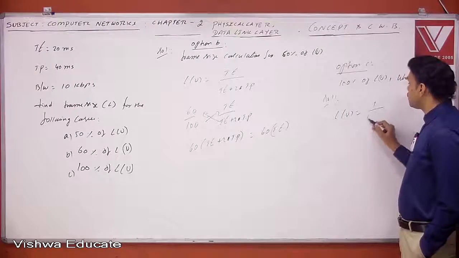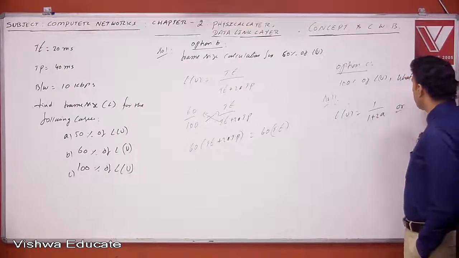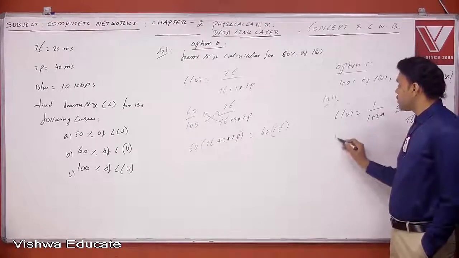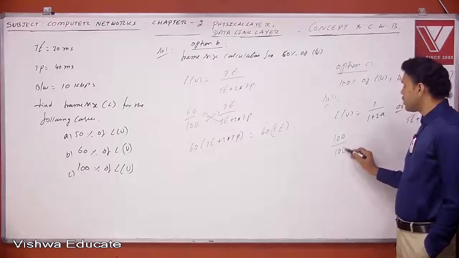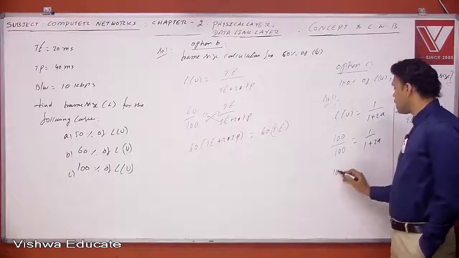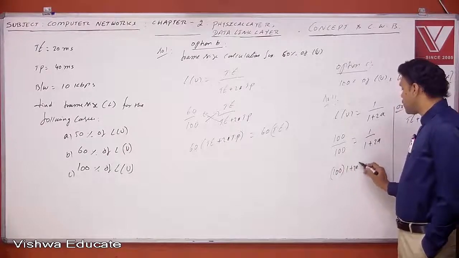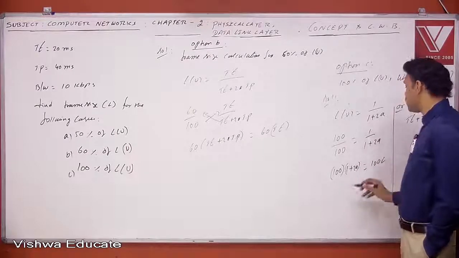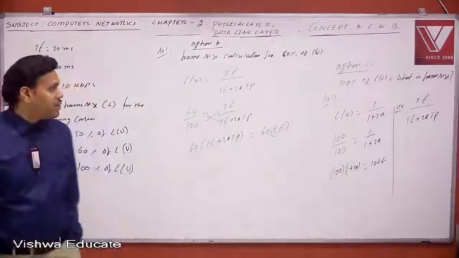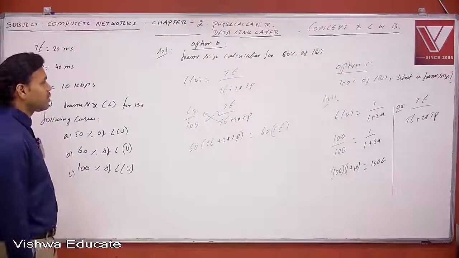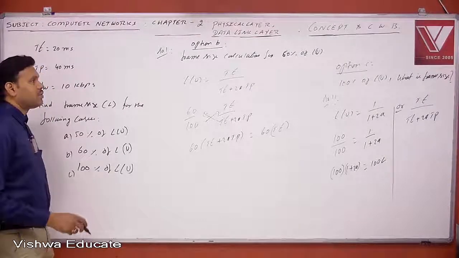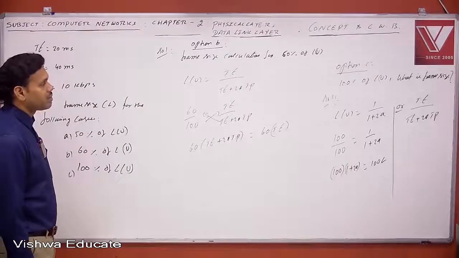L of u is equal to, either you use 1 by 1 plus 2a or use Tt by Tt plus 2 into Tp, and efficiency is given as 100%. 100 by 100 is equal to 1 by 1 plus 2a. So this is nothing but 100 of 1 plus 2a equal to 100L, and do it as usual. Okay, this is how you can derive the 60% efficiency frame size, 100% frame size, and 50% efficiency frame sizes.